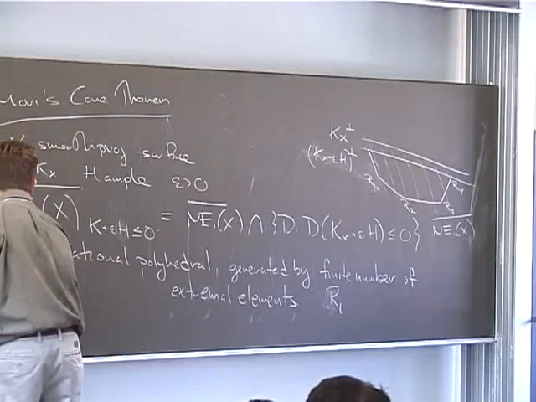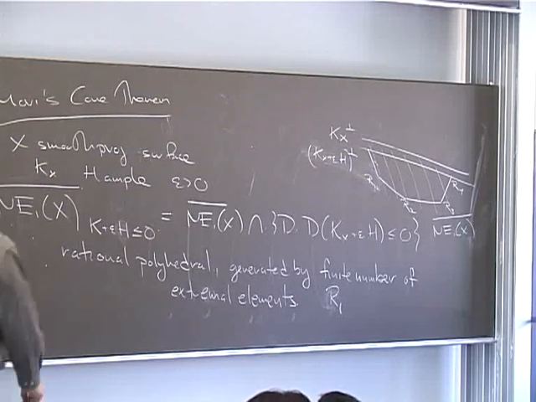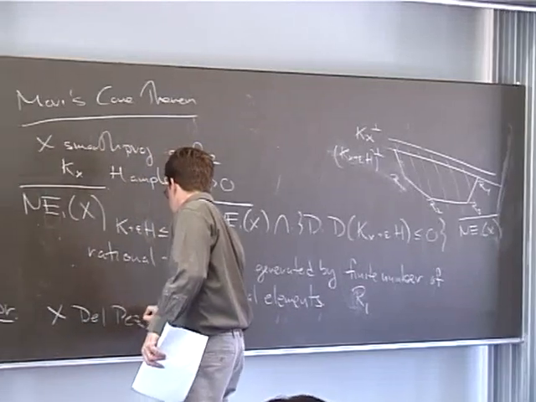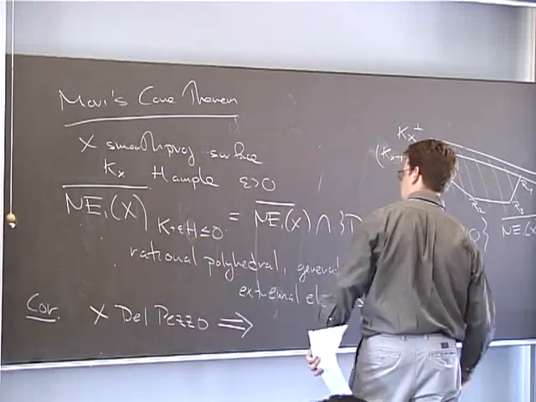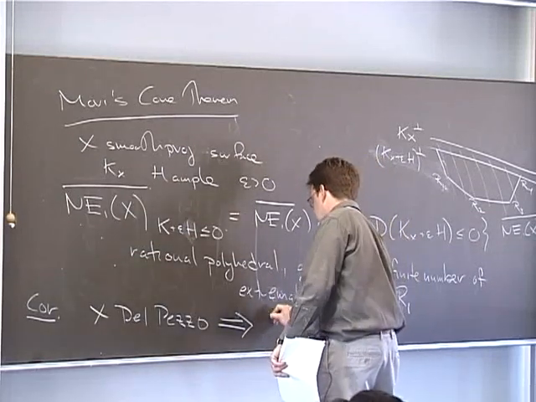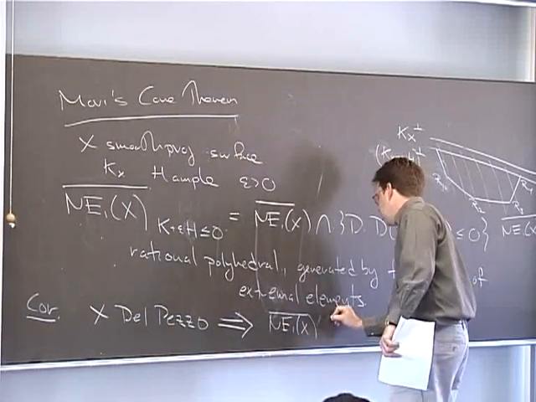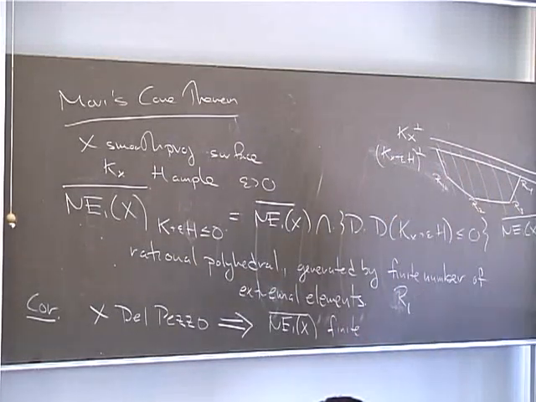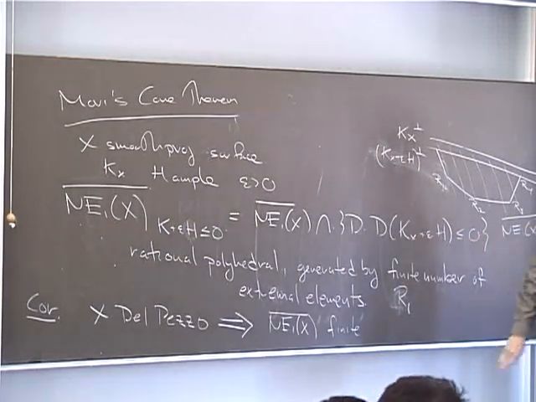So one corollary, which I should state right away, is that if X is del Pezzo, it implies that this is finitely generated, because everything has K_X negative.